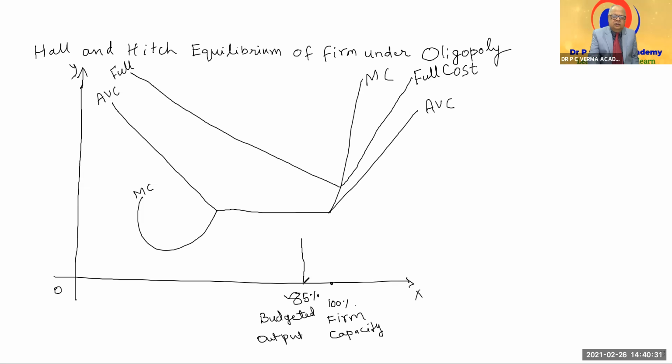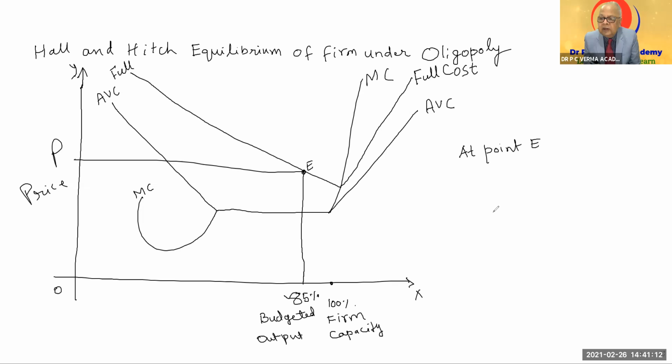Now take this line from 85%. At point E, there is no need of any demand curve.